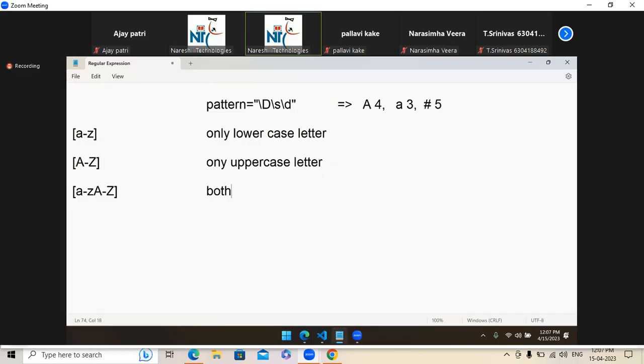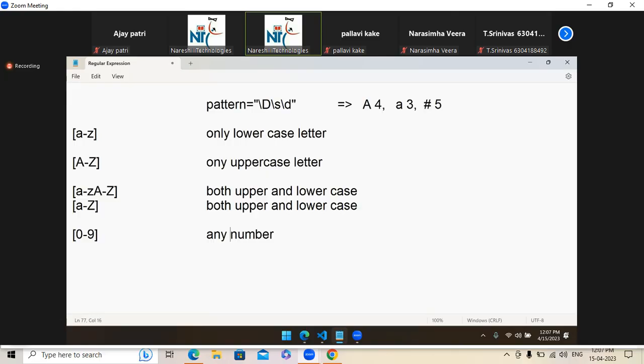This indicates both upper and lowercase. You can write like this also, a-Z, uppercase Z. This indicates from lowercase to uppercase. All are allowed. That means this is also the same, both upper and lowercase. Suppose you write 0-9. This is also for numeric. This is for numbers.